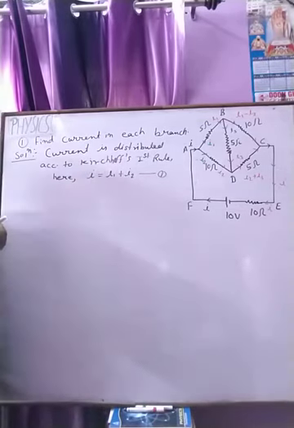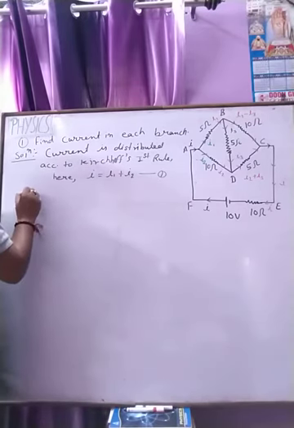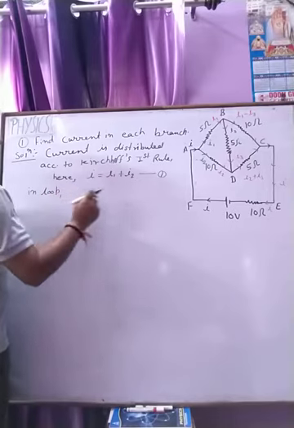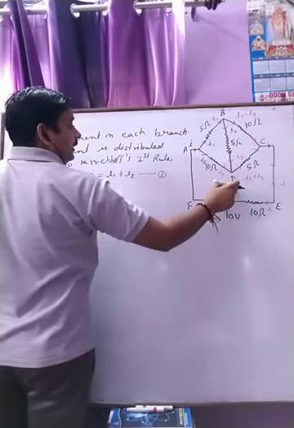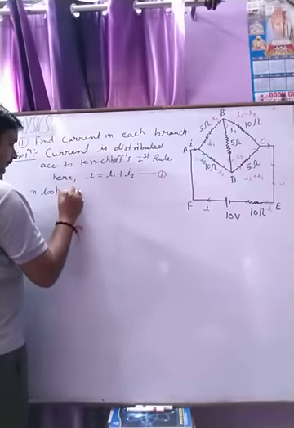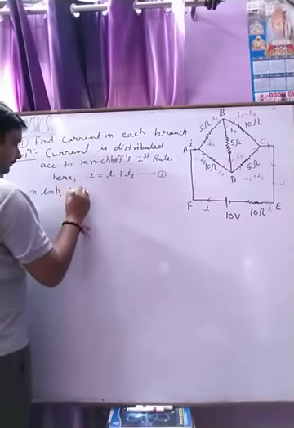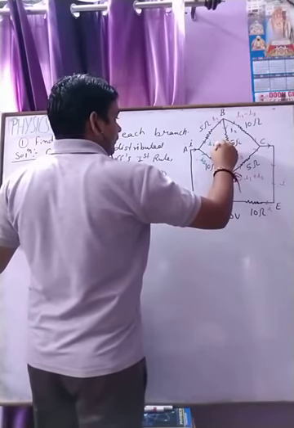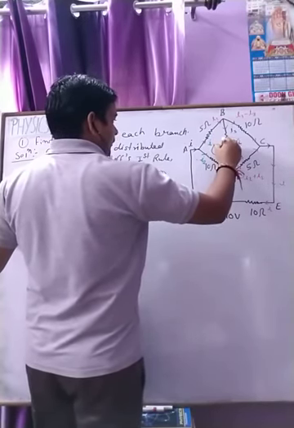Now we start the loops. In loop ABDA, we are moving in the direction of current.